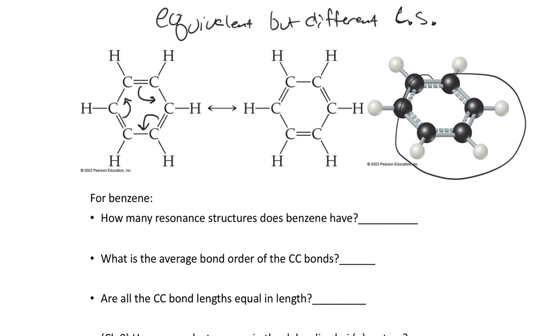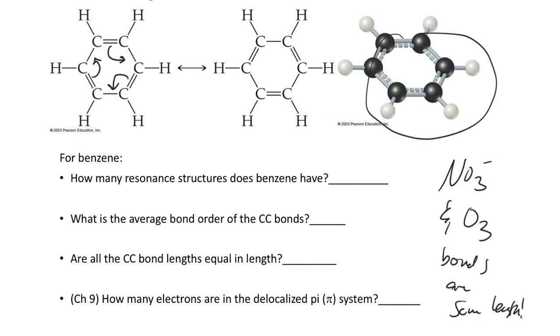Ozone's bonds would all have the same length. So the 2 bonds in ozone have the same length. The 3 bonds in nitrate have the same length as each other.